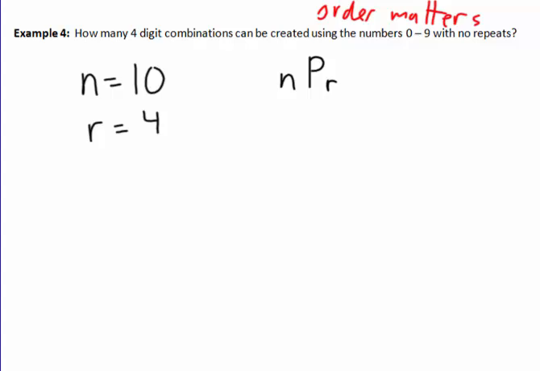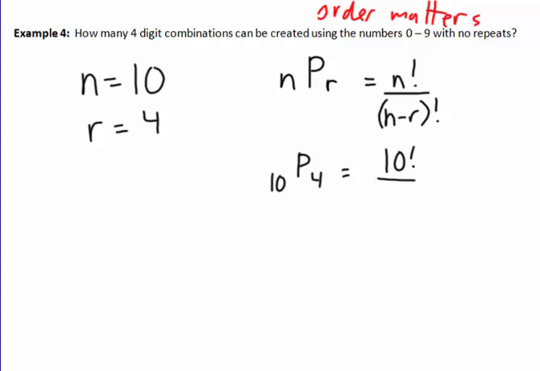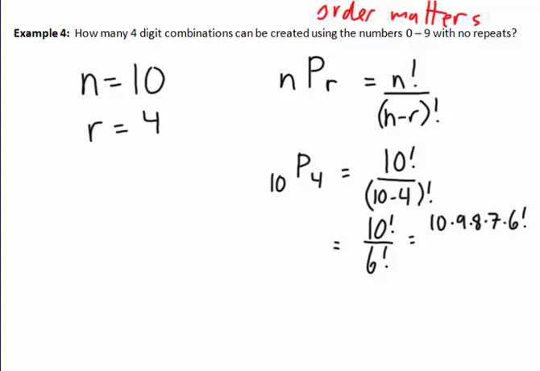So we can use our nPr equation, which is n factorial over (n minus r) factorial. Well, that means we're doing 10P4, which is really just 10 factorial over (10 minus 4) factorial, which is 10 factorial over 6 factorial, which if we expand out the larger, 10 times 9 times 8 times 7 times 6 factorial, all over 6 factorial.